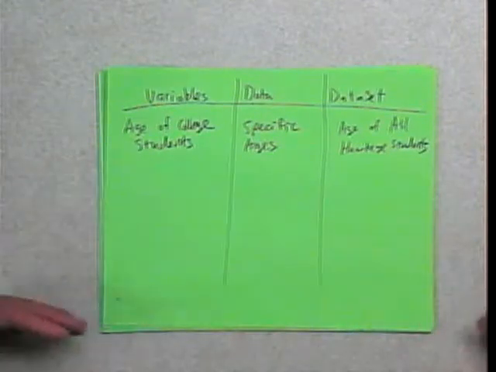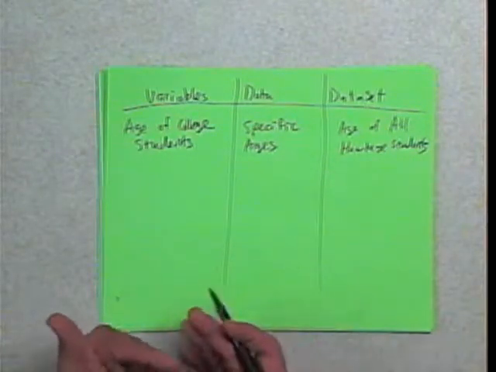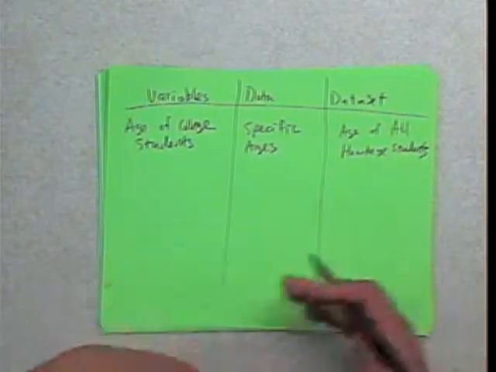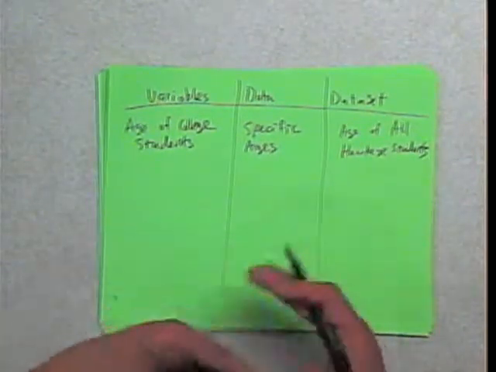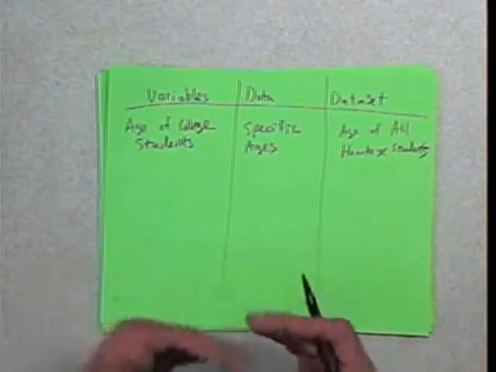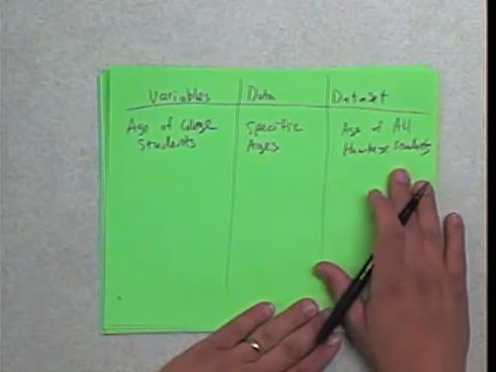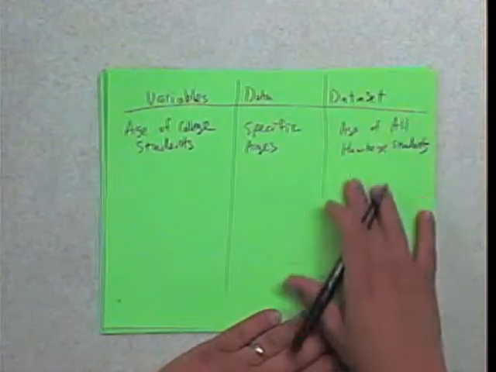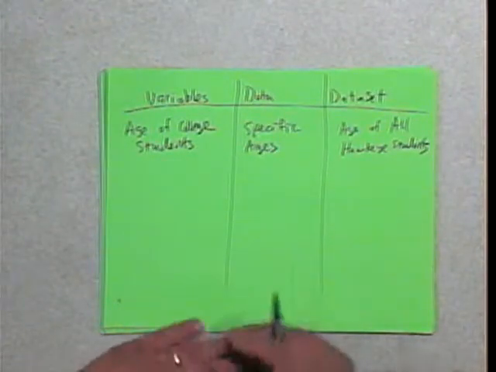It would have all the ages of all the Hawkeye students. And what we do in statistics is we collect these data sets. And then we can do our statistics. We will organize the data sets, summarize, analyze them, and ultimately draw conclusions based upon the data set. So the data set gives us the information.